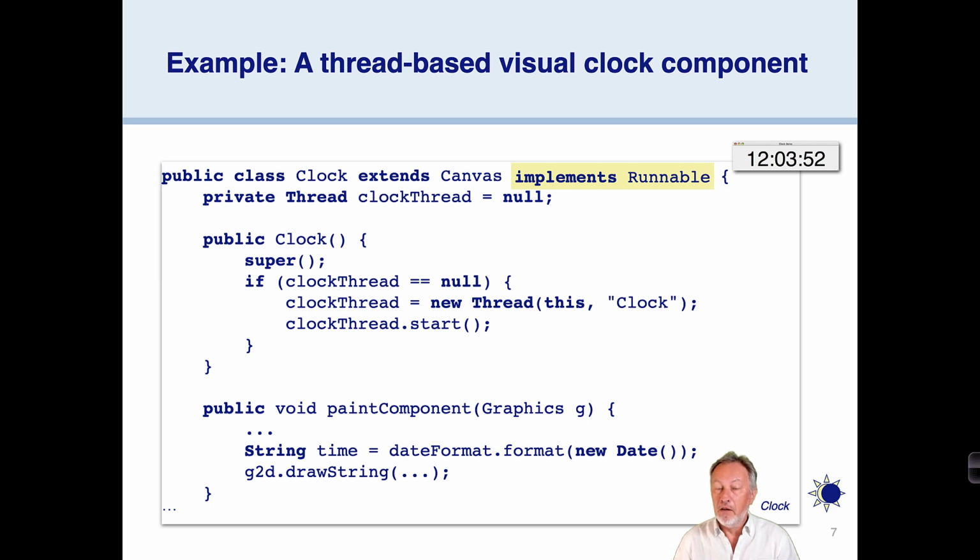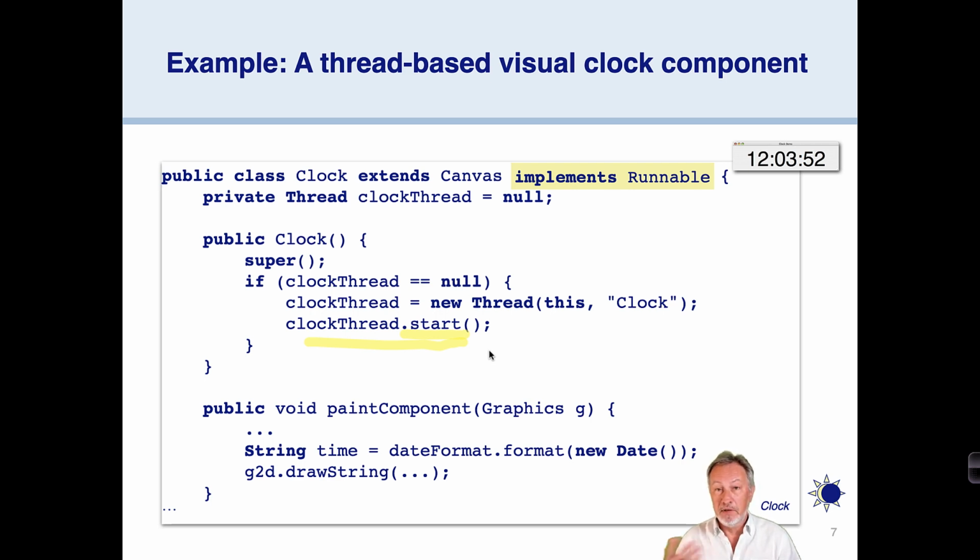And if it is null, we're going to create a new thread. So we'll create the thread passing ourself, because we're Runnable, to a new Thread with the name "clock". And now the magic is that we call clockThread.start. So that's what we see right here. Notice we do not call clockThread.run.